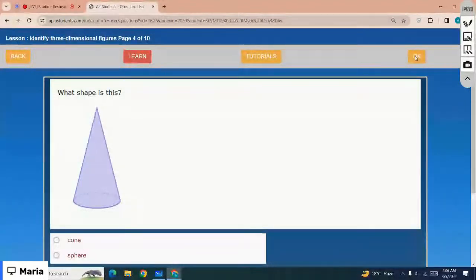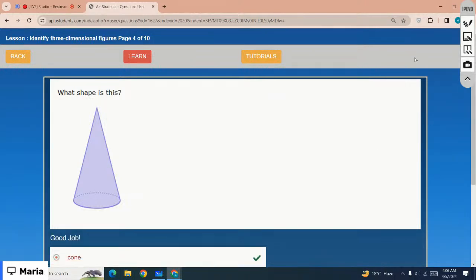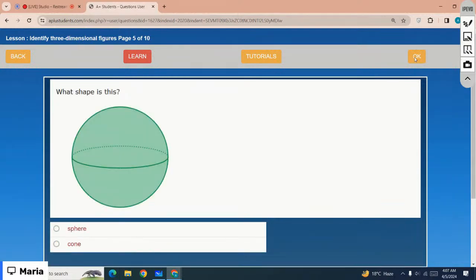The correct option is cone. Cone it is. What shape is this?